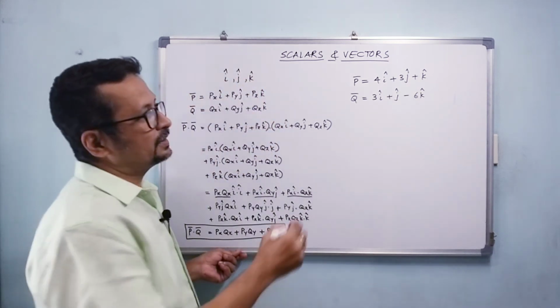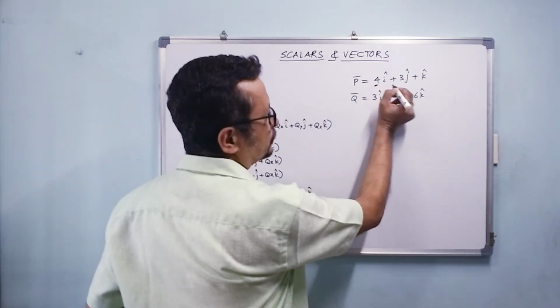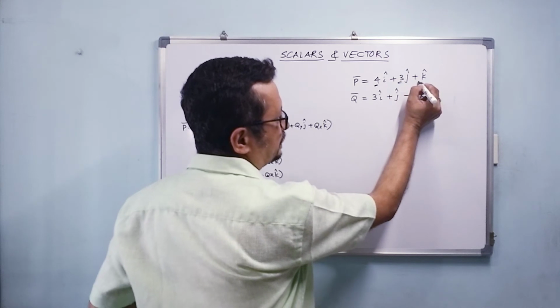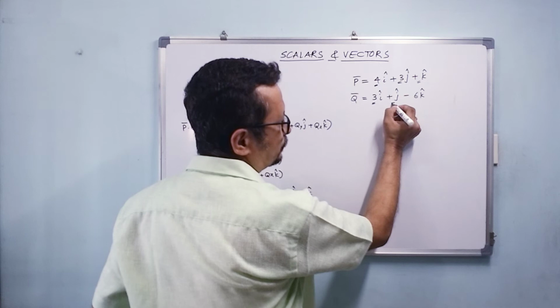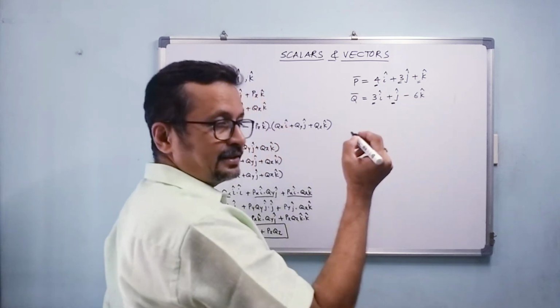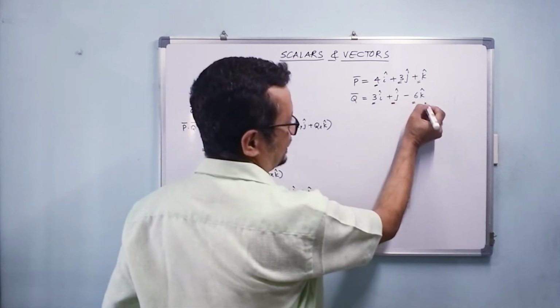Now here px is 4, py is 3 and pz is 1, qx is 3, qy is 1 and qz is minus 6, correct.